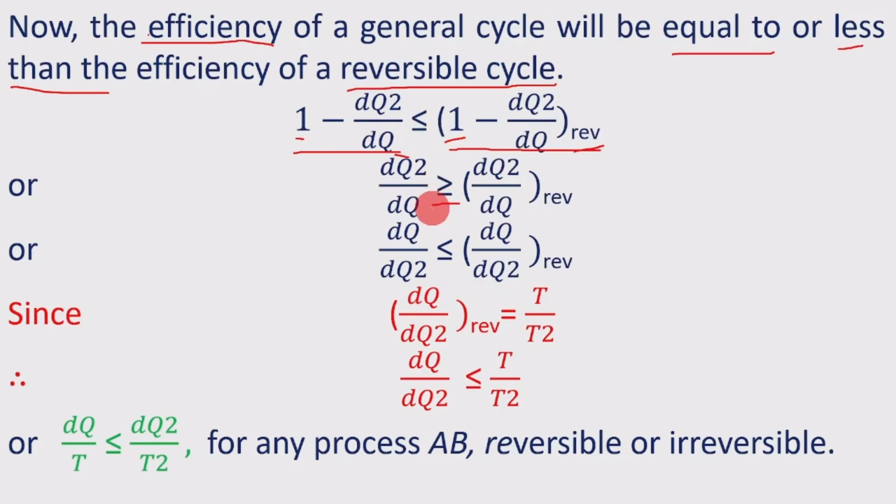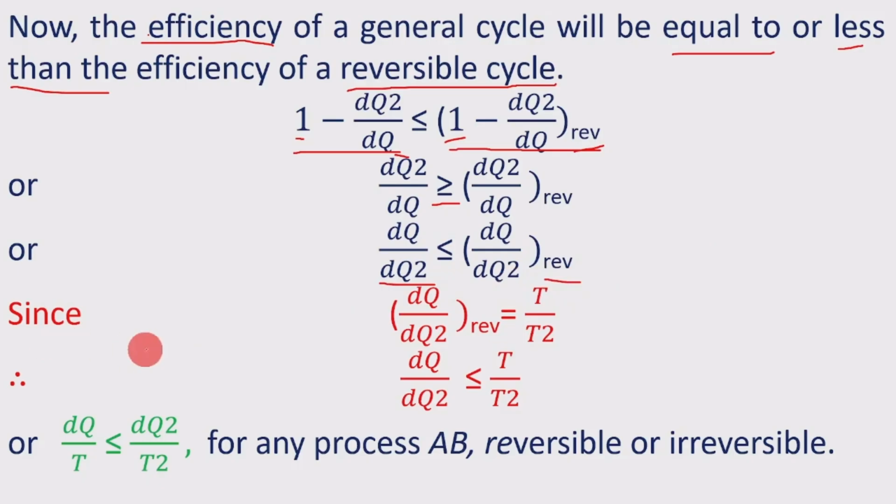Then, if you interchange the numerator and denominator, dq goes to the numerator and dq2 goes to the denominator. That is dq by dq2, by reversing these terms, which becomes less than or equal to dq by dq2 reversible.